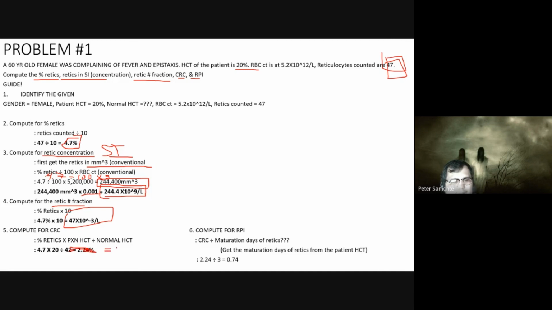You would get 2.09%. Then for maturation, since it is 20, it falls under 3 days. So 2.09 divided by 3, you would get 0.70. Okay?